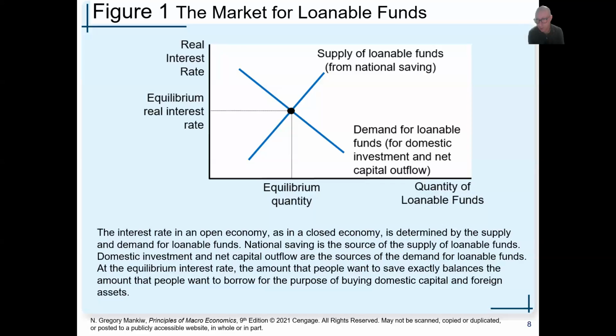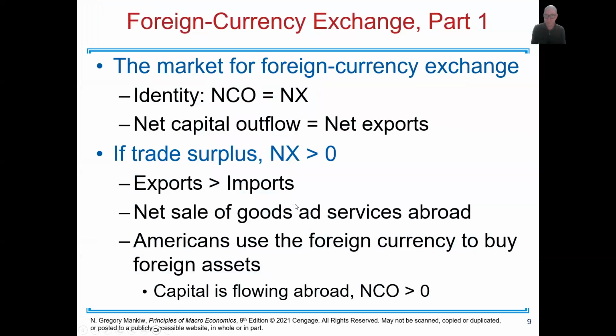Right? So it's an interesting graph. Why is it interesting? Because the equilibrium point eventually changes along with the interest rate, right? As the interest rate goes down, the supply comes down, but the demand goes up, right? So that's interest rates and loanable funds.